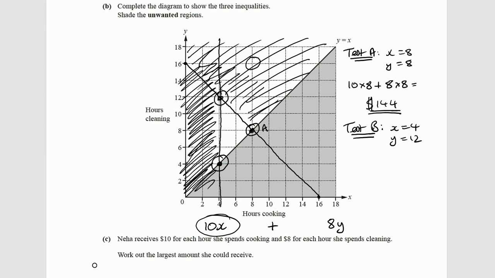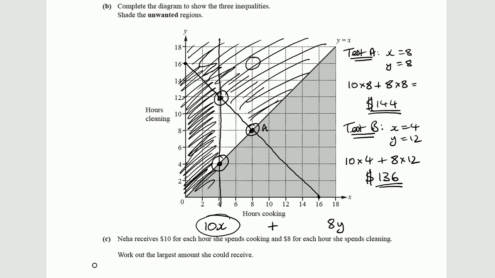So I'm getting paid 10 for every one of those 4 hours, plus 8 for every one of those 12 hours. So 8 times 12 is 96, and 96 plus 40 is $136. So there's not much in it, and that's why it might have been worth checking.